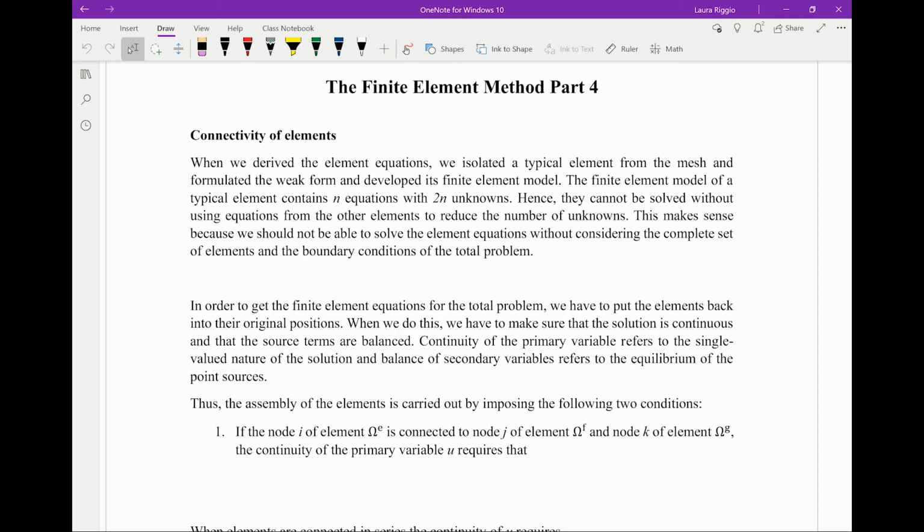So in order to get the finite element equations for the total problem, we have to put the elements back in their original position. In doing this, we have to make sure that our solution is continuous and that the source terms are balanced. So we want continuity of our primary variable and a balance of our secondary variables.